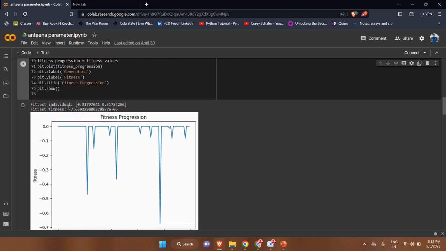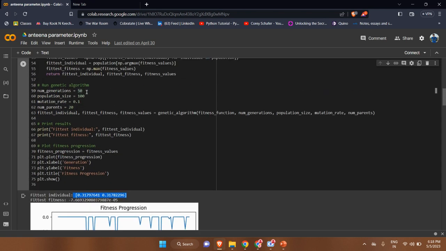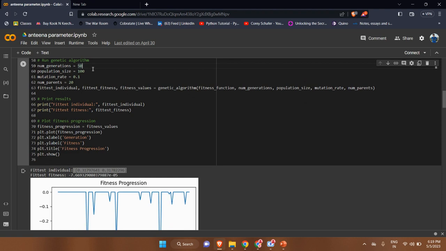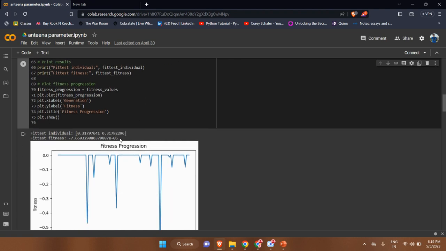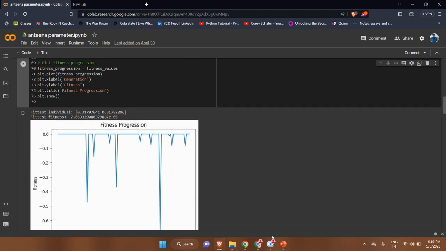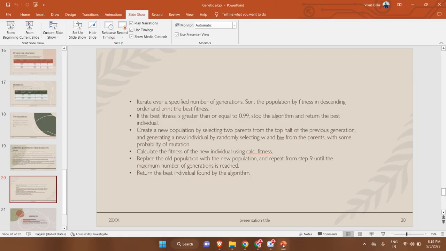This is the fitness value I got after 50 generations with a population size of 100, and the fittest value is this one. So this is all about the genetic algorithm method. Thank you very much.